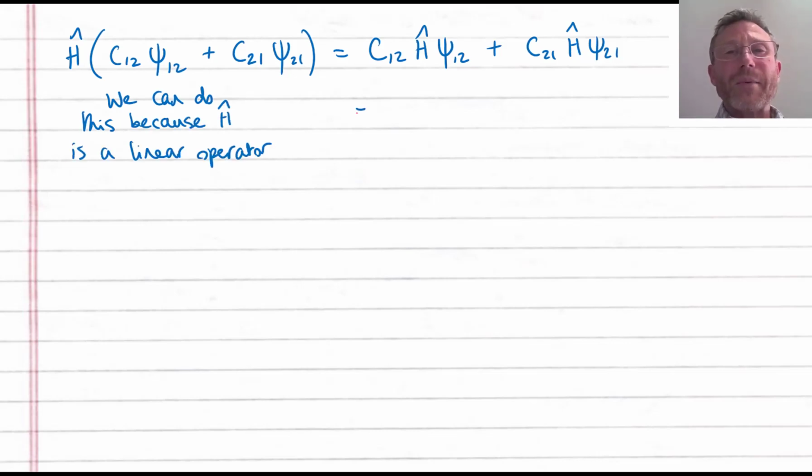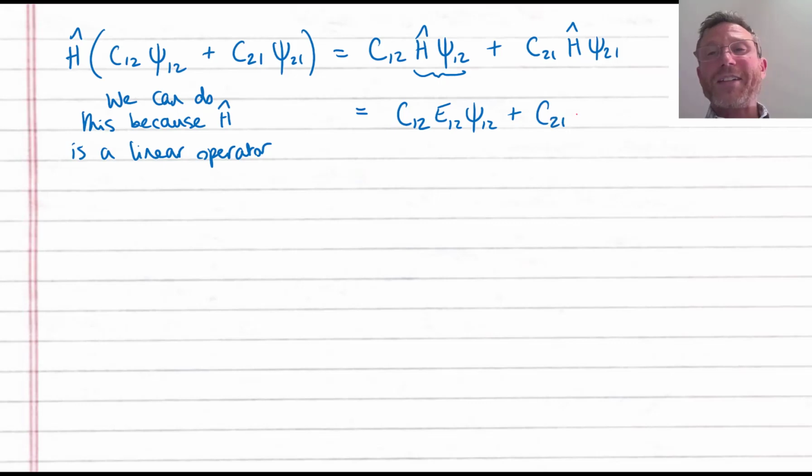Another thing we can write down here, let's include the energy terms, the eigenvalues, because now we know this piece is also equal to C12 times the eigenvalue E12 times psi 12, and similarly C21 E21 psi 21. How else can we write this down?